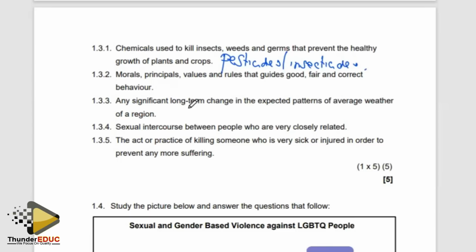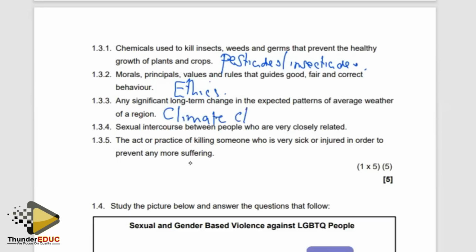Morals, principles, values, and rules that guide good, fair, and correct behavior. Those are called ethics. Then any significant long-term change in the expected pattern of average weather of a region, that is called climate change.